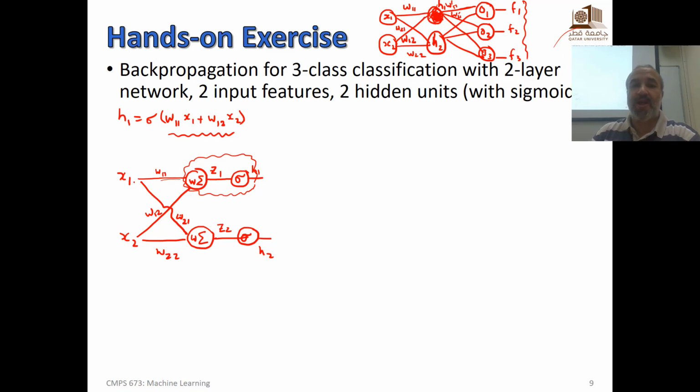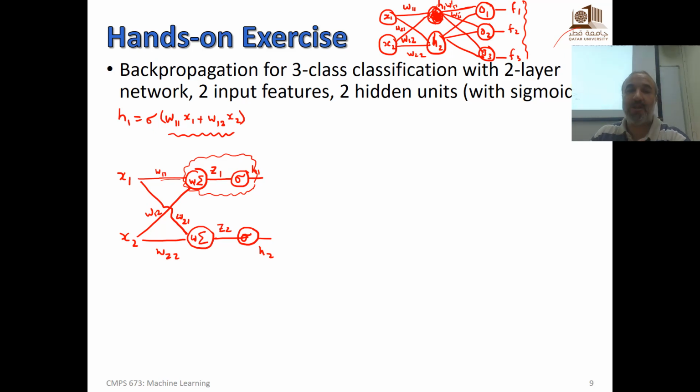Theoretically we need to compute the local derivatives for all of them, but we are not usually interested in the gradient with respect to the inputs, because we will not change the inputs. We need the gradients for the things that we will change. So in this case, we will only compute the local derivative with respect to the weights.